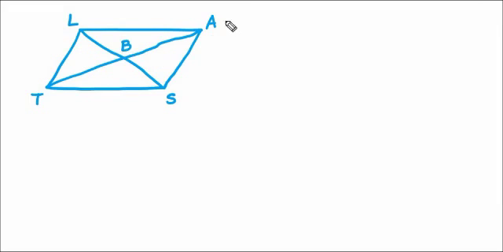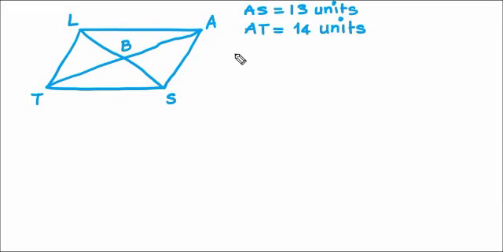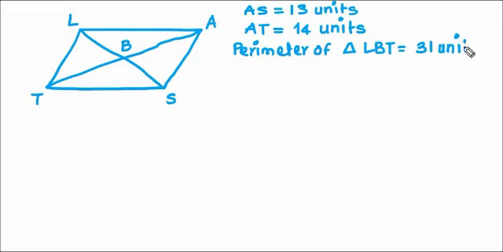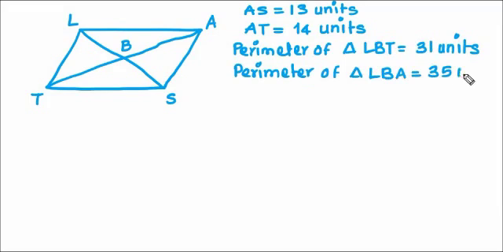And the givens are side AS is equal to 13 units, diagonal AT is 14 units, perimeter of triangle LBT is 31 units, and perimeter of triangle LBA is 35 units.